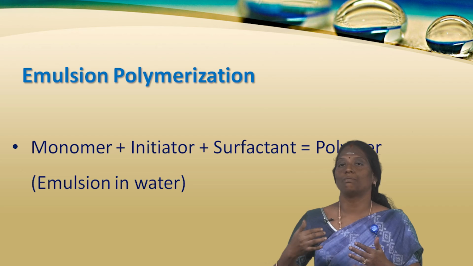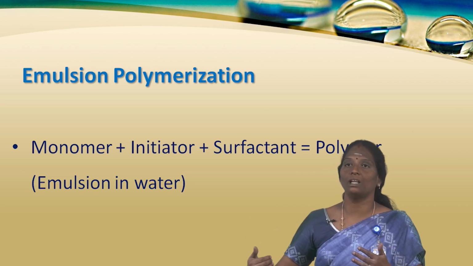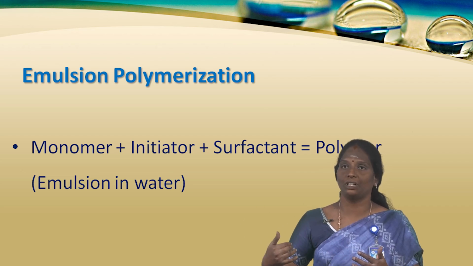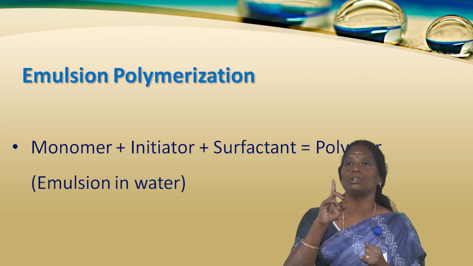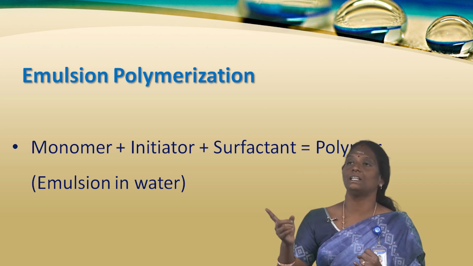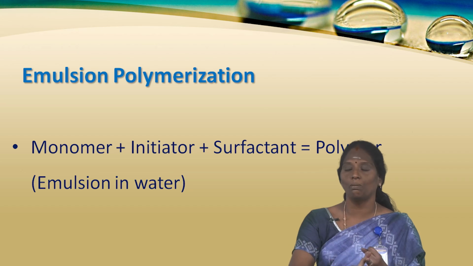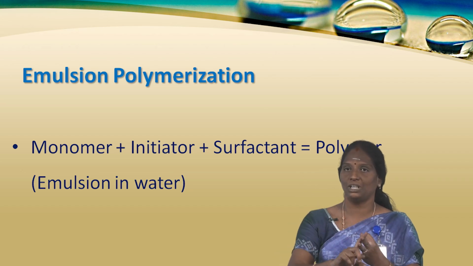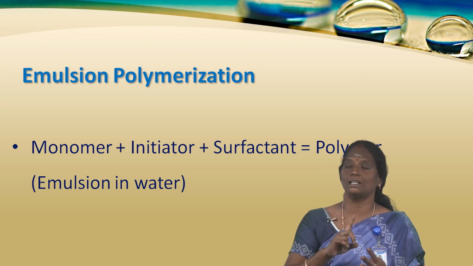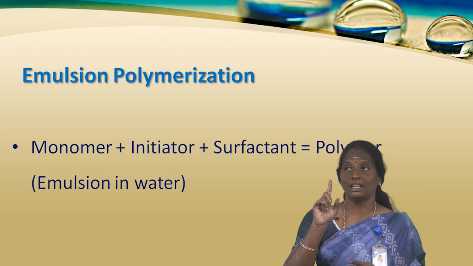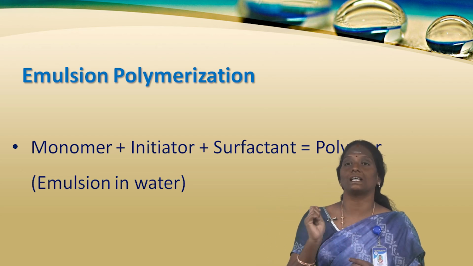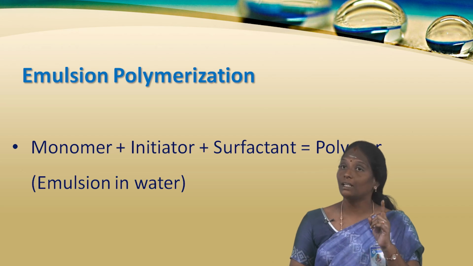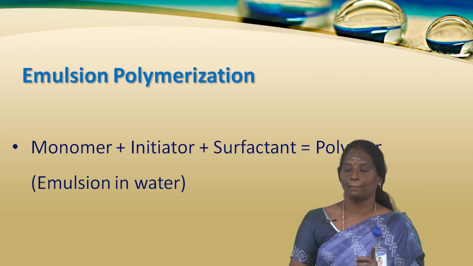These are the procedures we have to follow in emulsion polymerization. First, the monomer is dispersed in a large amount of water. Then it is emulsified by a soap. Then add the initiator. The whole content is taken in the flask and heated at constant temperature with vigorous agitation under nitrogen atmosphere.